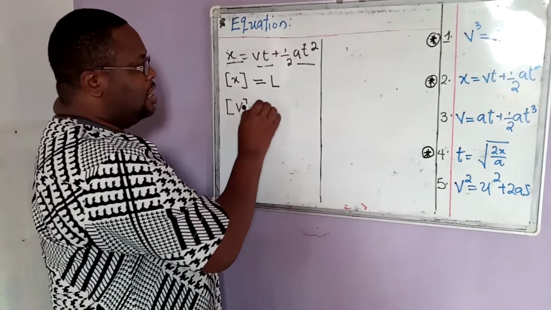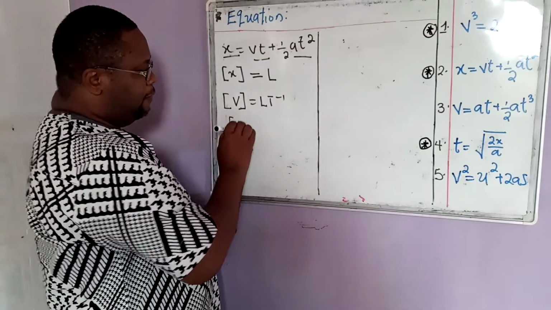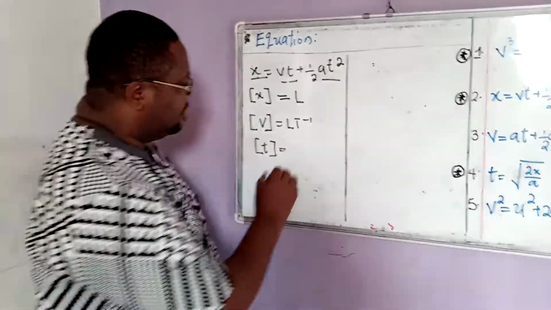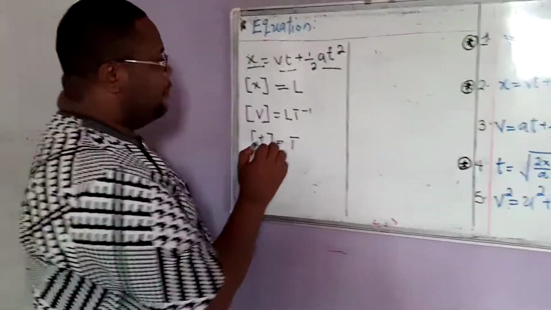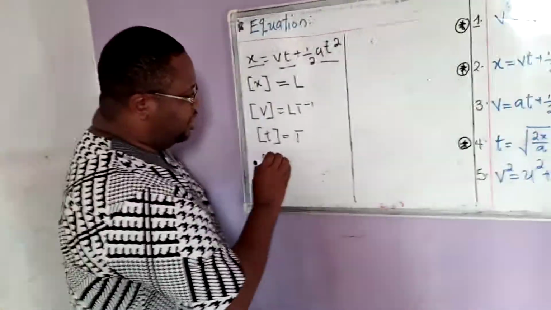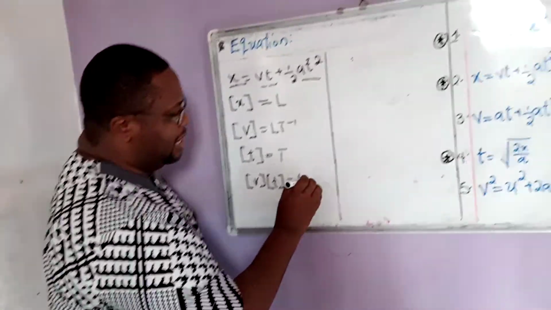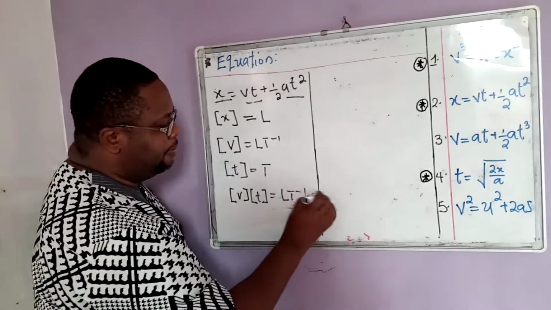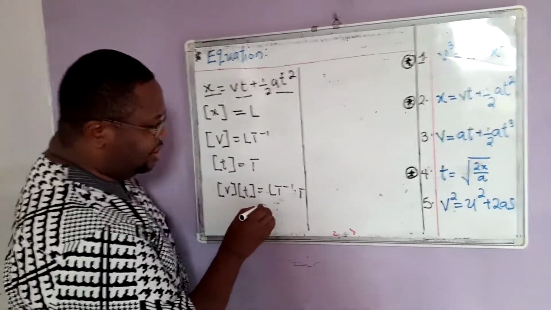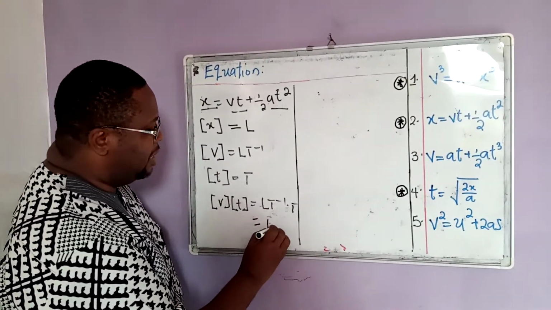The dimension for velocity is LT^-1 and the dimension for time is T. Multiplying them gives LT^-1 times T, and T^-1 times T cancels to give 1. So L times 1 simply gives me L.